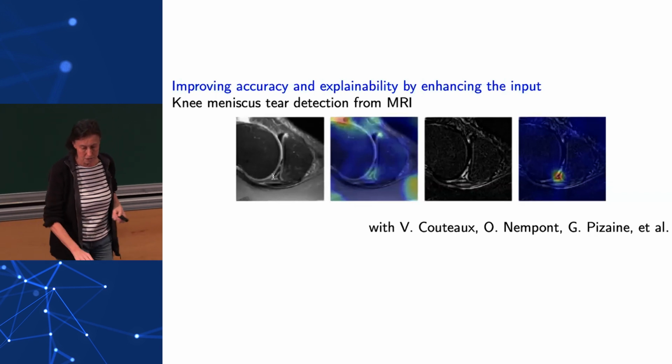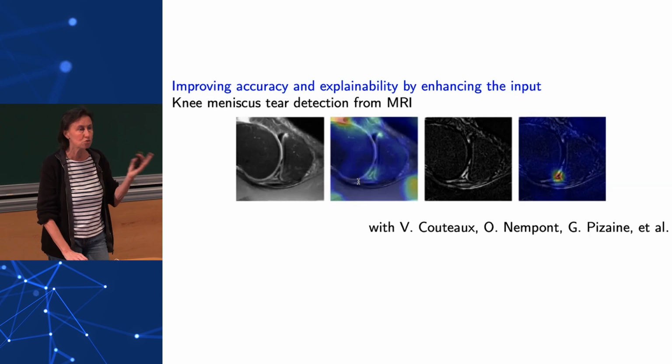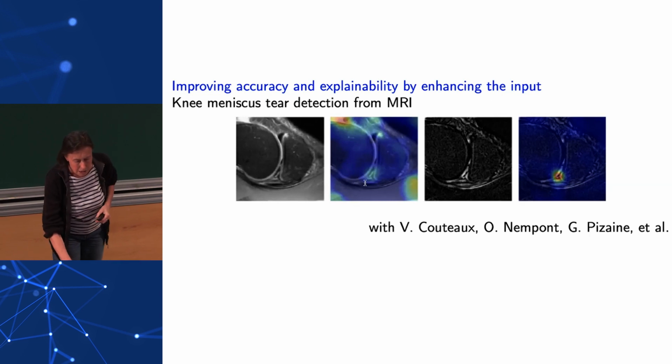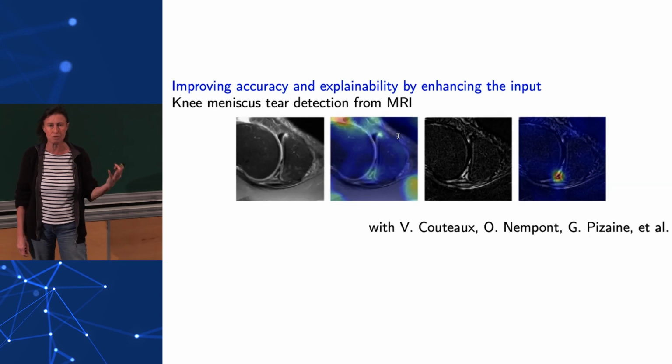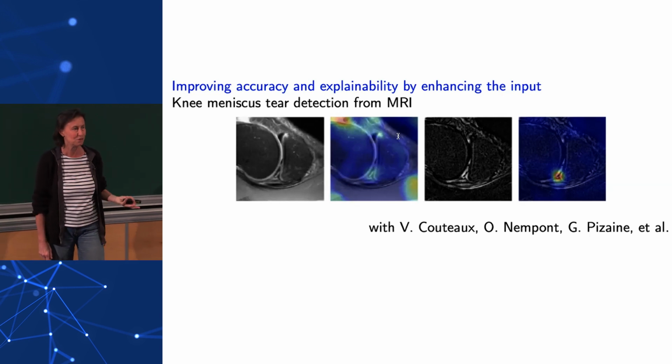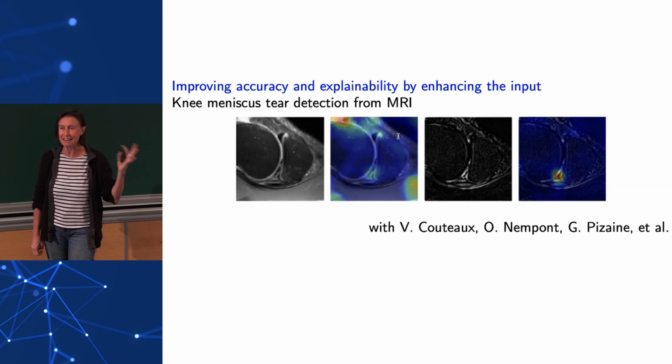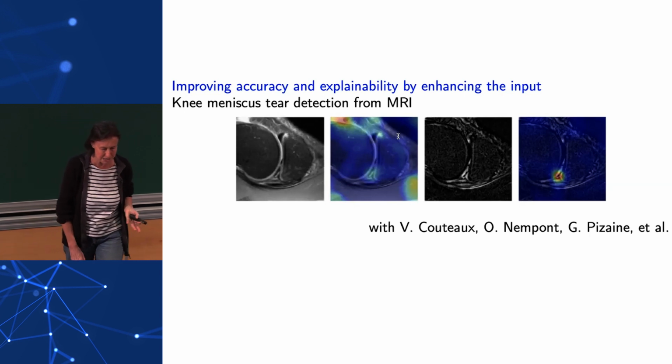But looking at interpretation maps, just using GradCam, for instance, or things like this, we could observe that the regions that contribute the most, the red ones, are completely outside of the region of interest. So when showing this to the radiologists, they were not happy at all with the results. And they said, I cannot be confident if I see something like this.